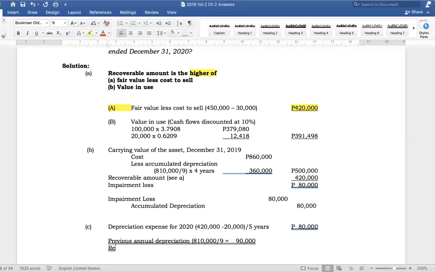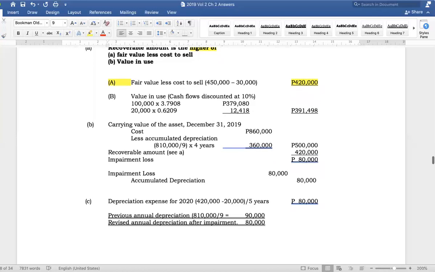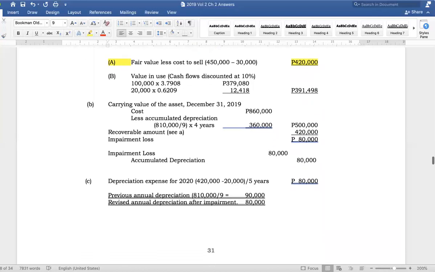Whereas the revised annual depreciation after impairment, as computed above, is 80,000. So by recording impairment, your depreciation expense has been reduced by 10,000.